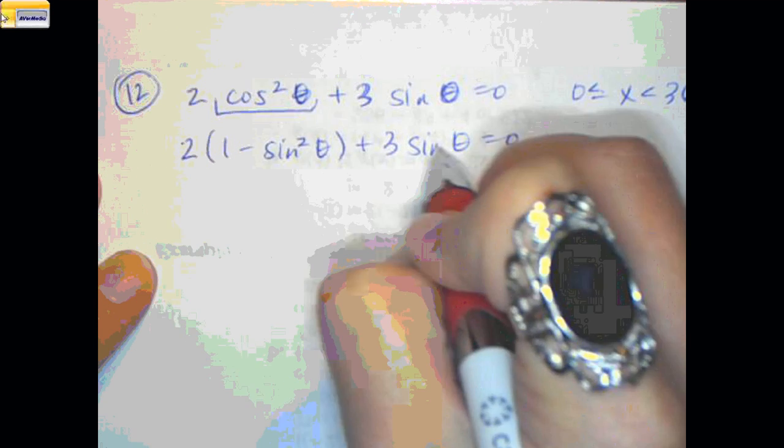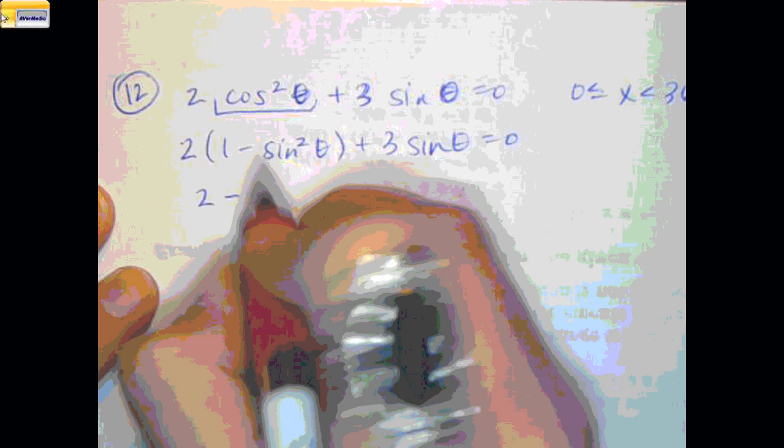Pythagorean identities? The early identities we learned. Doesn't this equal 1 minus sine squared theta? Yeah, let's do that. 2 times. You have to distribute them. Right, we're going to distribute.